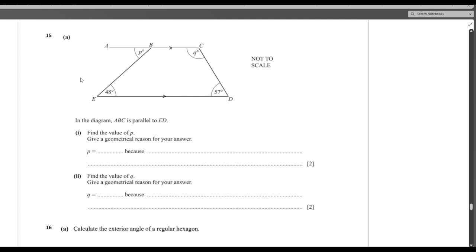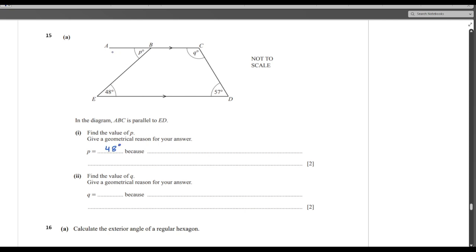Question number 15. In the diagram ABC is parallel to ED. Find the value of P. Give a geometrical reason for your answer. Now P will be equal to 48.